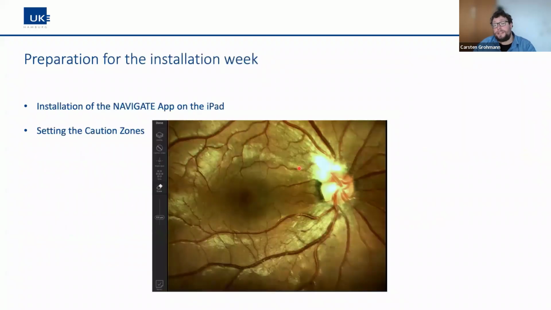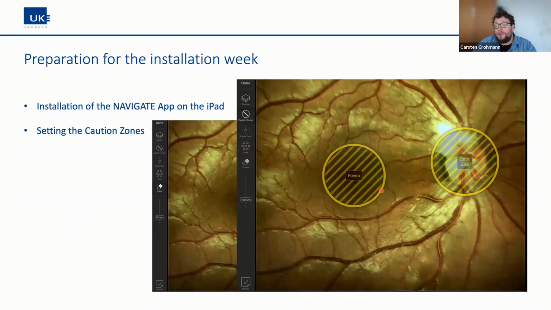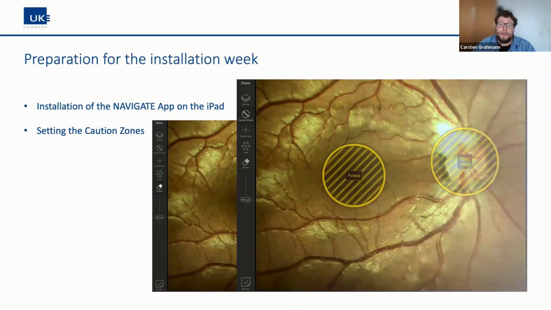For the preparation for the installation week in our hospital, we started with the installation of the Navilas app on the iPad. And the first try was setting the caution zones here to secure the fovea and also the optic disc. This was the first task done by the team.